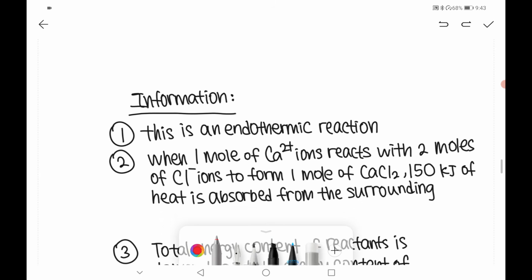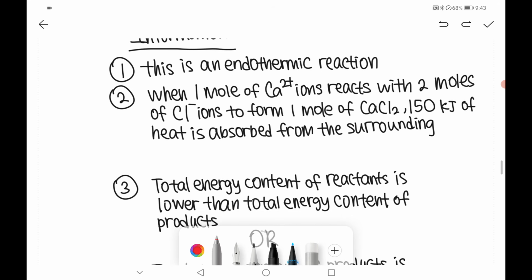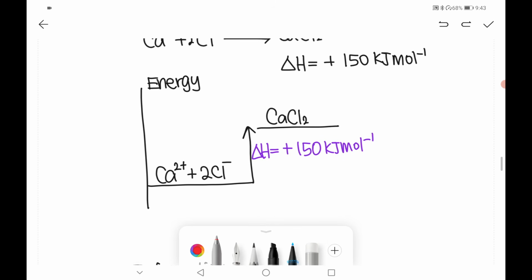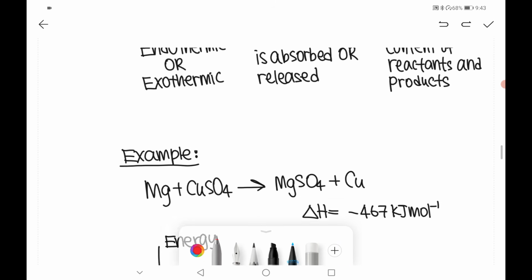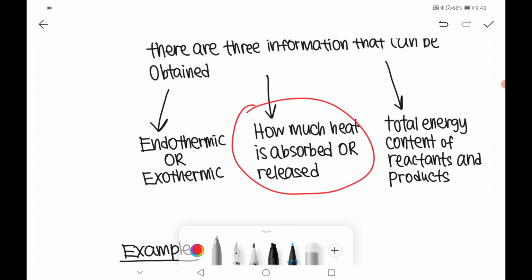Okay, so these are the three important pieces of information that you can get from this energy level diagram. You can tell endo or exo. Then you need to mention how many moles of reactant react to produce how many moles of product, and during the chemical reaction, how many kilojoules of heat is absorbed from the surrounding, or released to the surrounding.